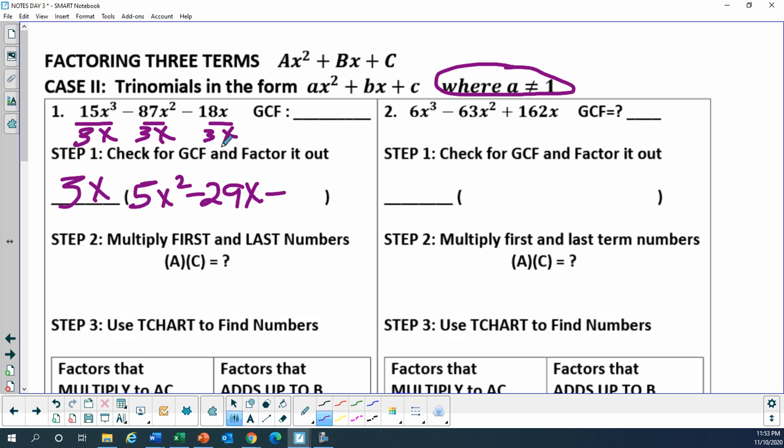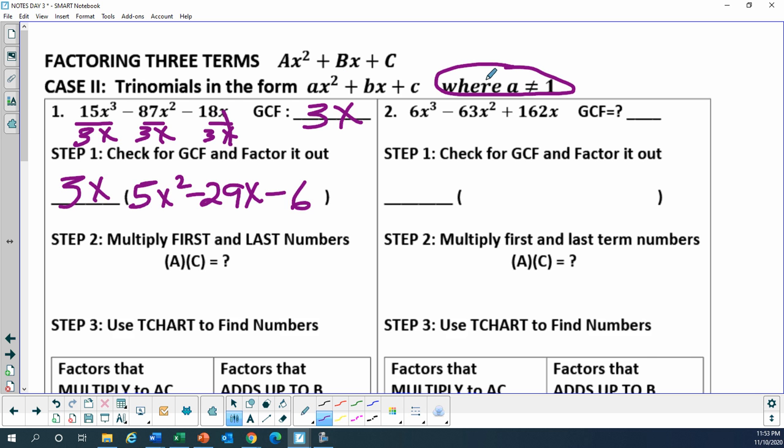And then 18 divided by 3 is going to give you 6 because the x cancel out. So the GCF was 3x, and then you leave the rest as it is, 5x squared minus 29x minus 6. So this is step 1.